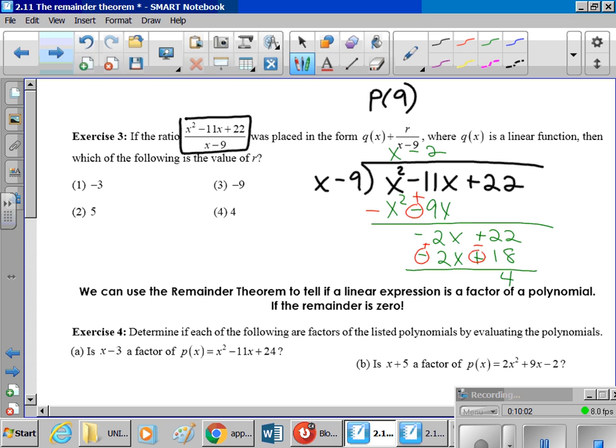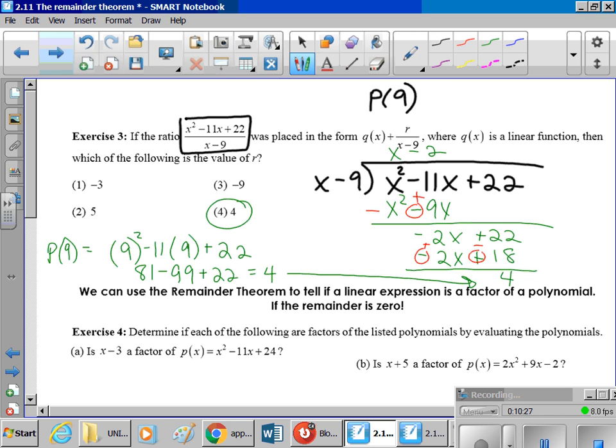So our remainder is positive 4. Another way we could have done that is to do p of 9 like we did in our first problems and get 9 squared minus 11 times 9 plus 22. So it's 81 minus 99 plus 22, which is equal to 4, which should be the same thing we get right here.